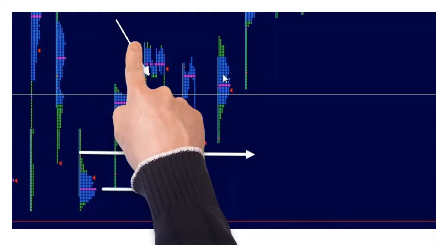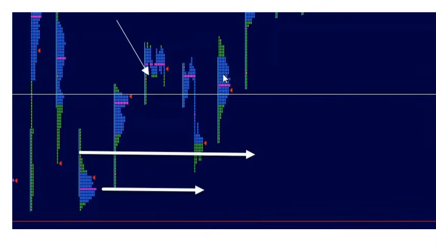Every time the market comes close to the base of the P, you see how, boom, back up, boom, back up, boom, back up. Because the shorts are all sitting there waiting to cover. And then the market goes and it pops back up, right?